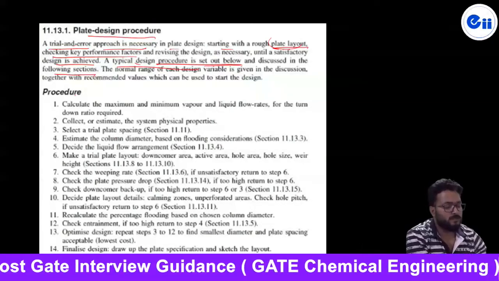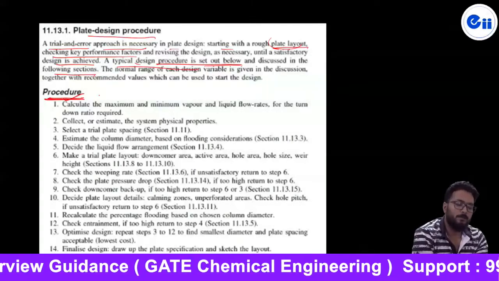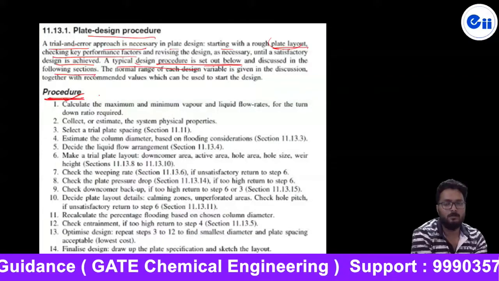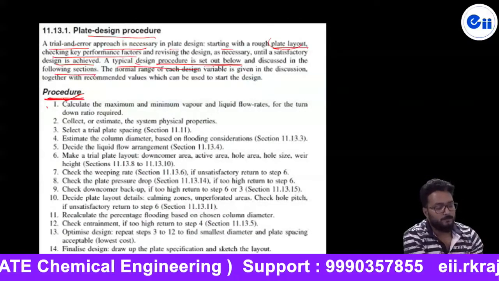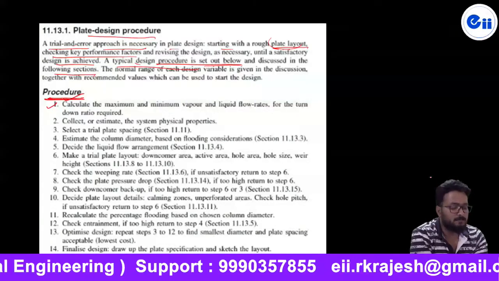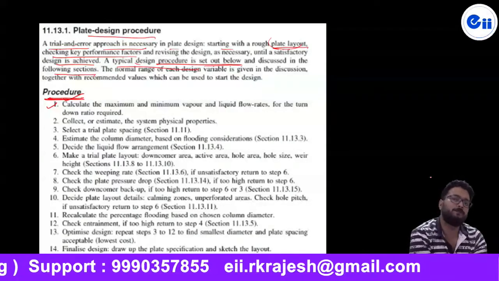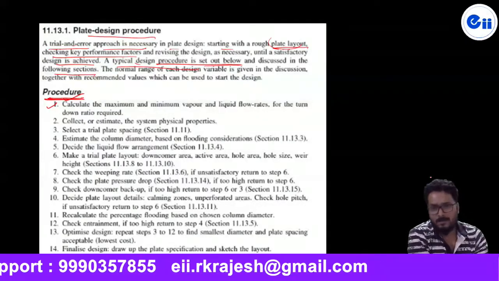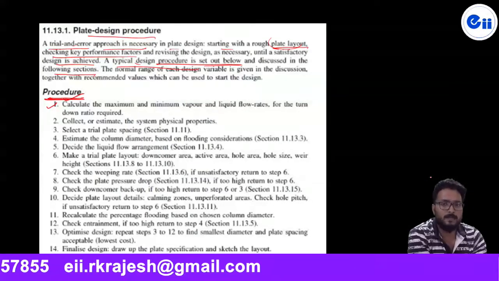Now, to design the plate column, what procedure should we follow? The first step is to calculate the maximum and minimum vapor and liquid flows for the turndown ratio required. Turndown ratio, as I told you many times, is a very important parameter from the design point of view.